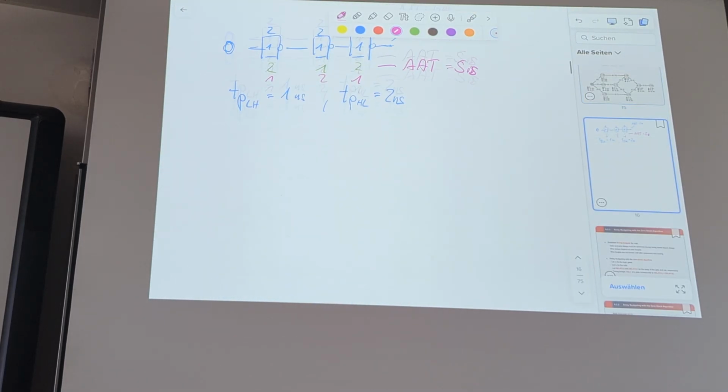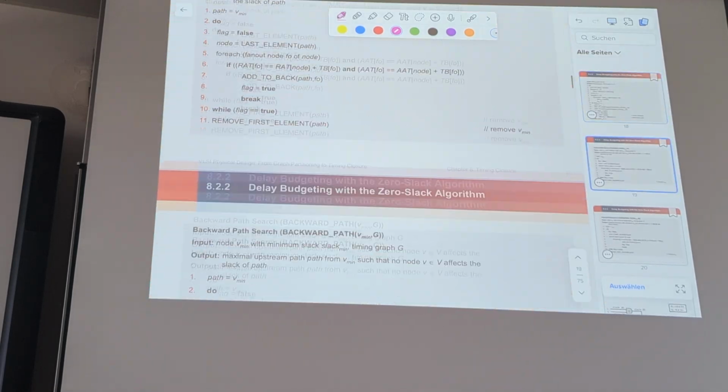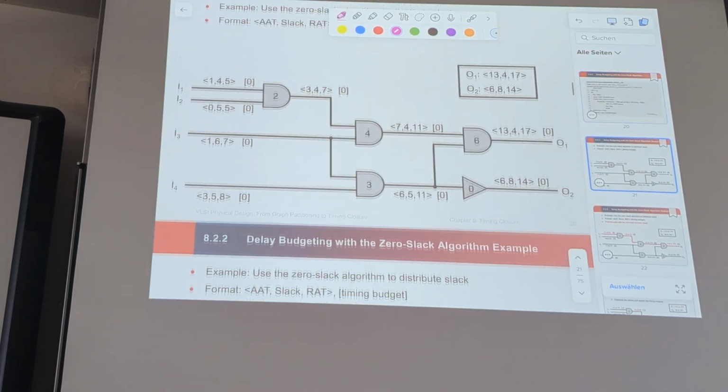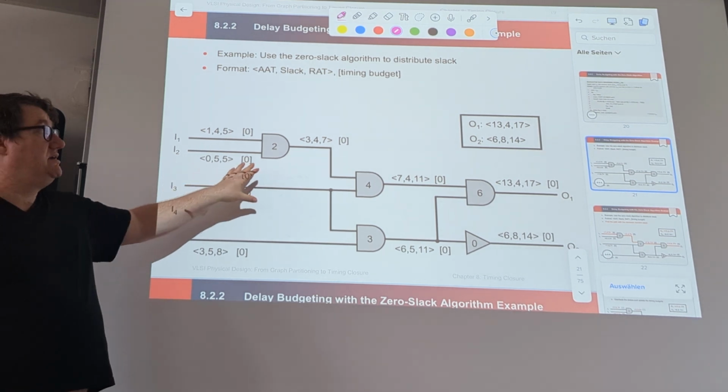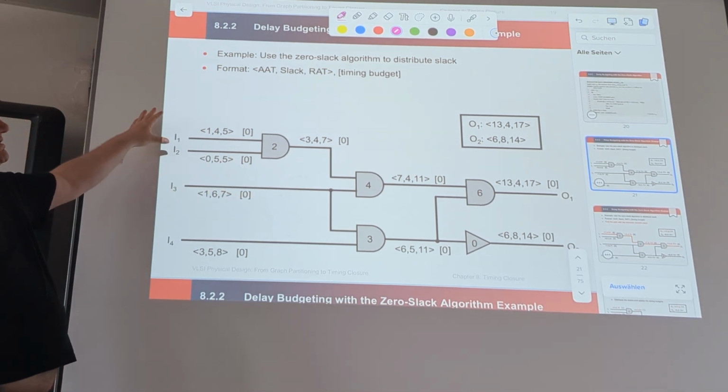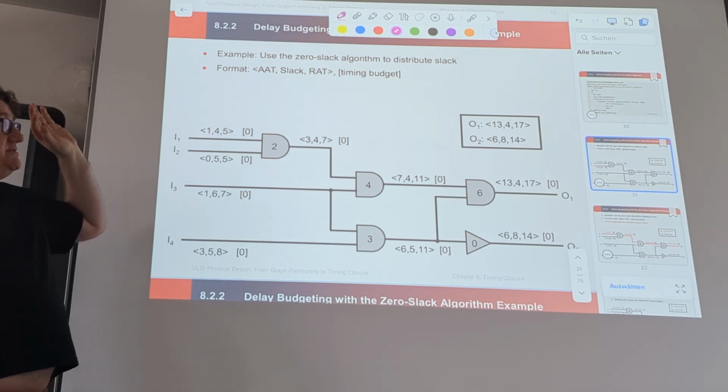Here in this example, the question that he wants to solve in the next step is, you have here a circuit which has gone through static timing analysis.